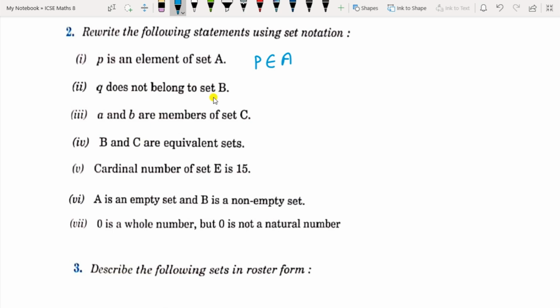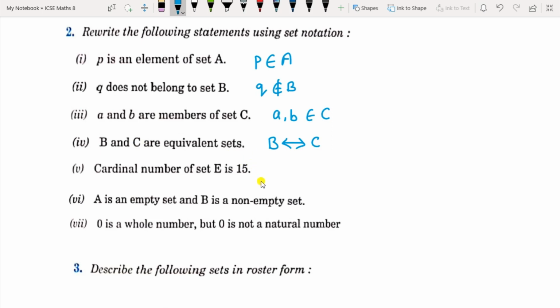Q does not belong to set B. A and B are members of set C. So A and B belong to set C. B and C are equivalent sets. Just now we have seen the equivalent set symbol. B is equivalent to C.